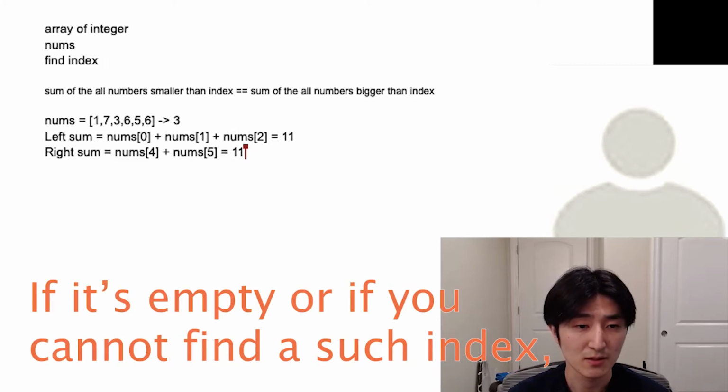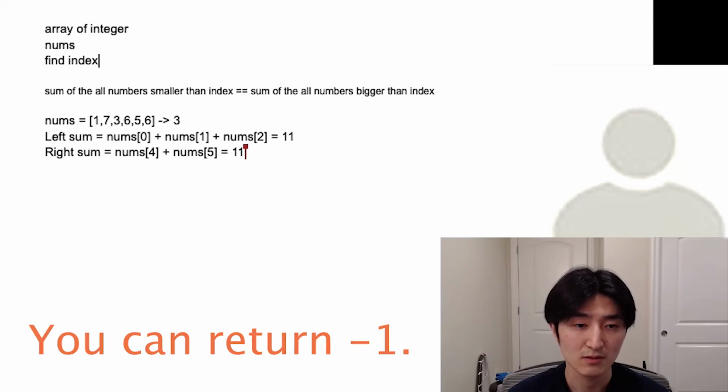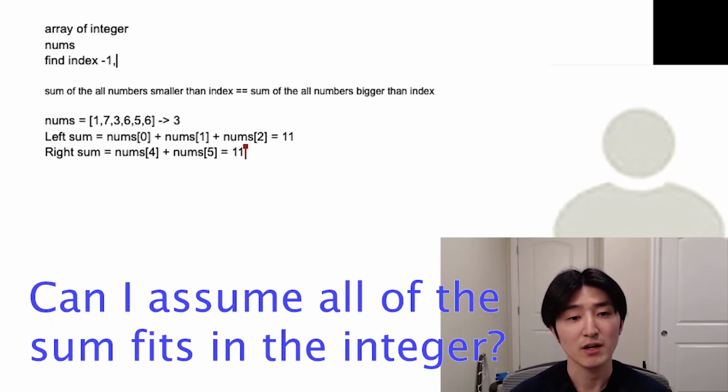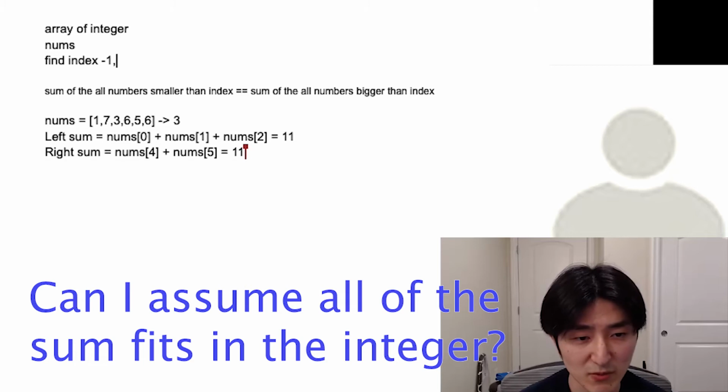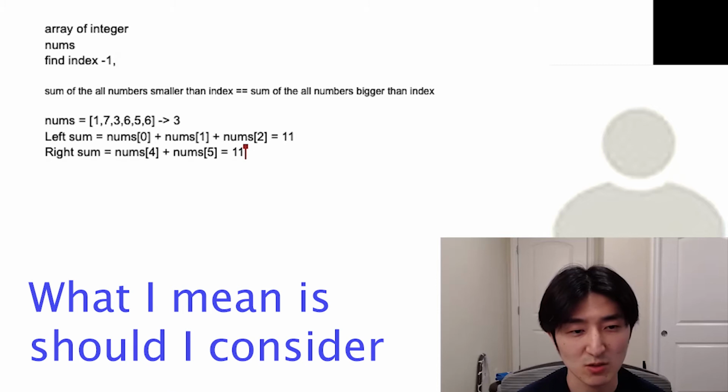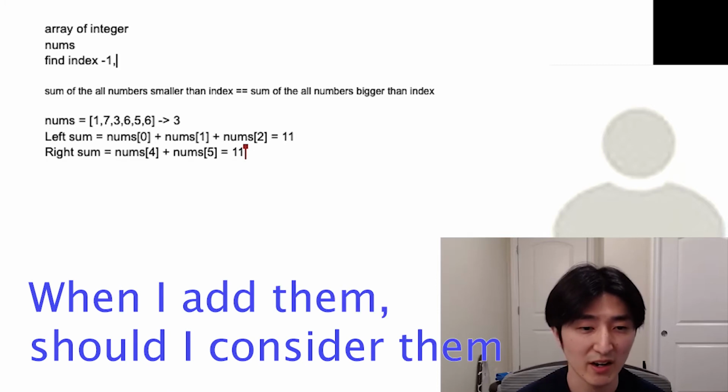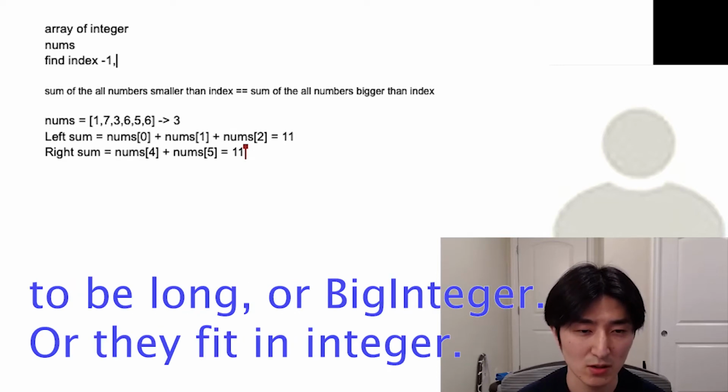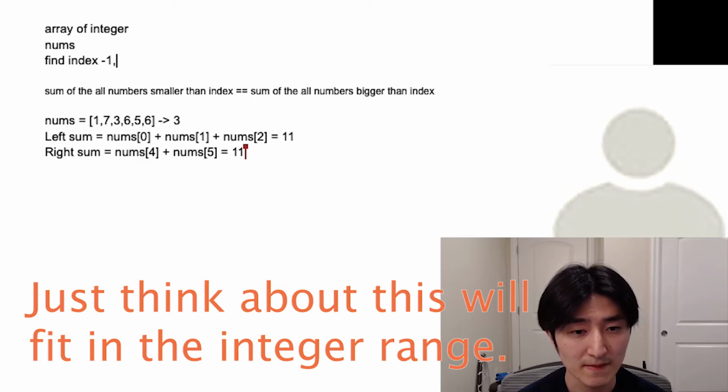If you cannot find such an index, you can return -1. Okay. And can I assume all of the sums fit in the integer? Should I consider them to be long or big integer, or do they fit in integer? Just think they will fit in the integer range.